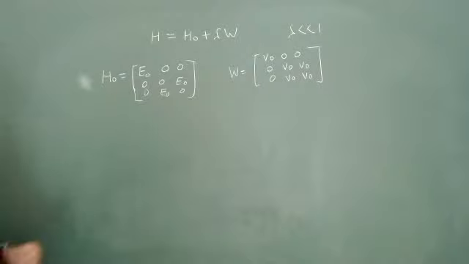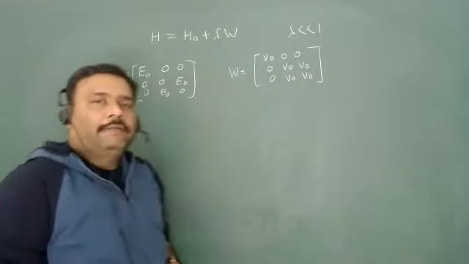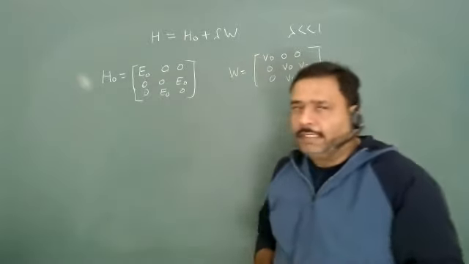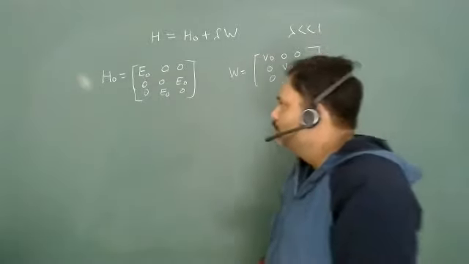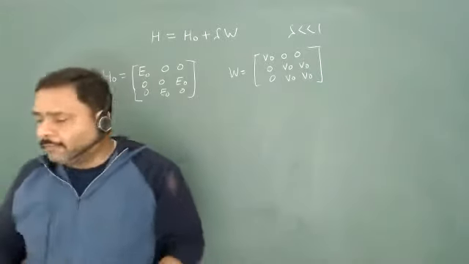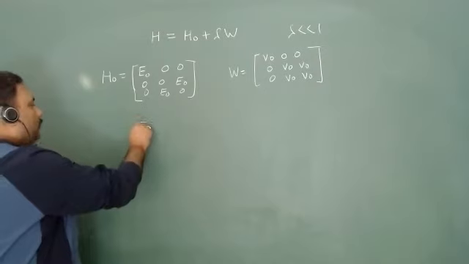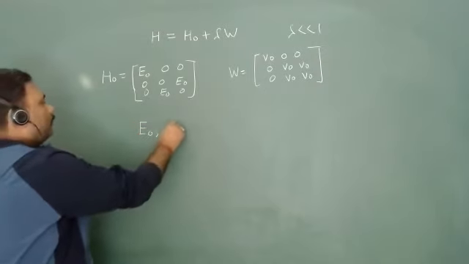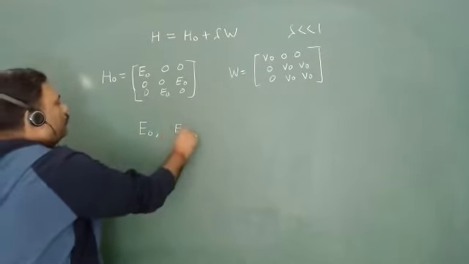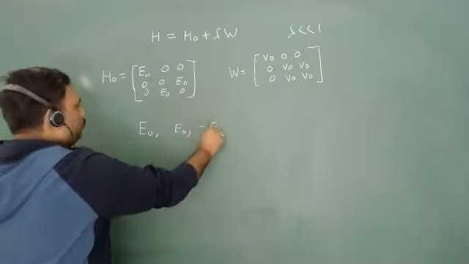If we are going to diagonalize H naught, first we have to get the eigenvalues and eigenvectors of H naught. If we calculate this particular matrix, then the eigenvalues are obviously E naught and minus E naught.